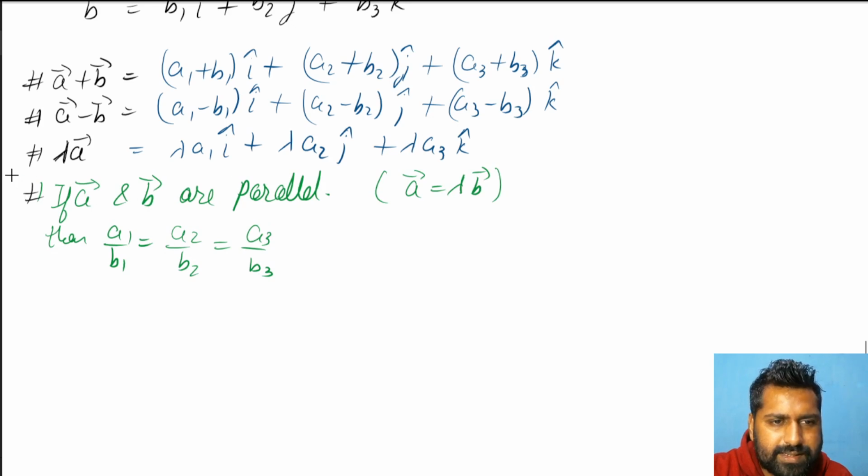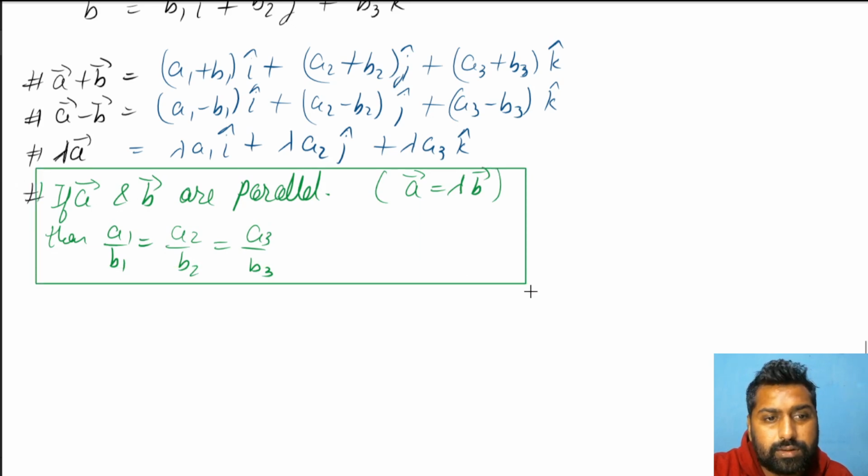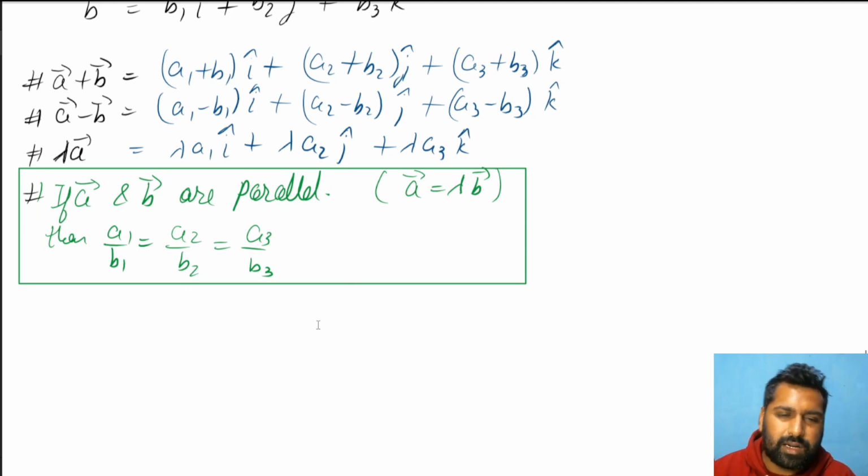We'll be using this in 3D. In vectors also it is sometimes used, but mostly in 3D, whenever the question asks you to prove some vectors are parallel, or you need to understand why the vectors are parallel, you have to see this.